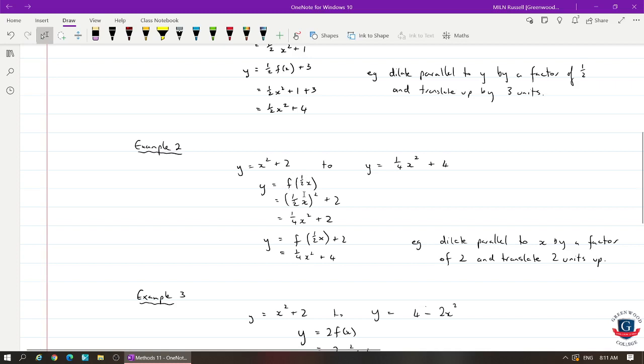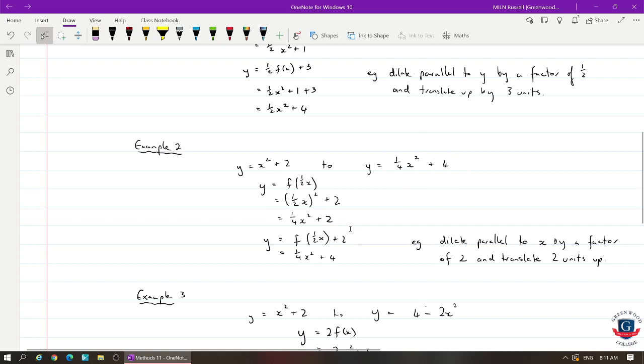So we substitute in a half x into this equation, which I've done here. We square this part, which gives us this, and we get left with plus 2 on the end. Now, this is where we are after the first transformation. To get to here, we need to transform another 2 units up.